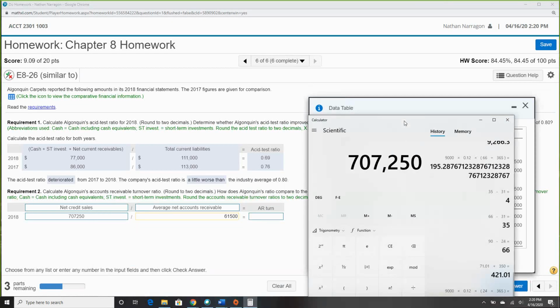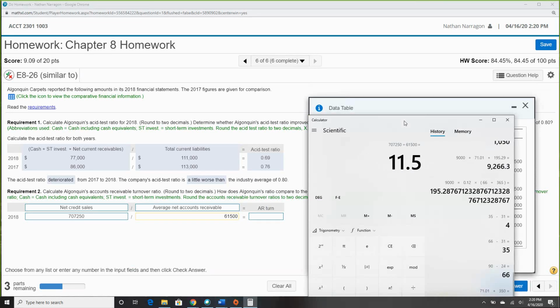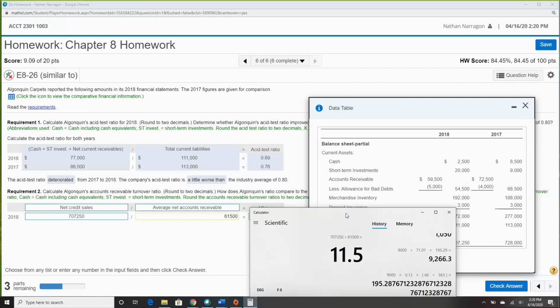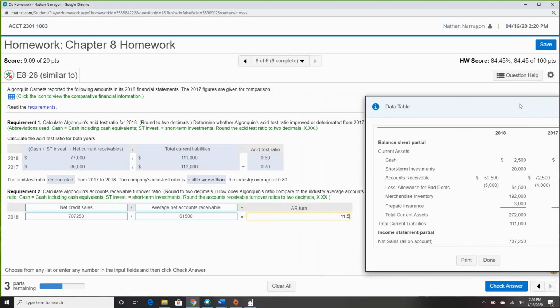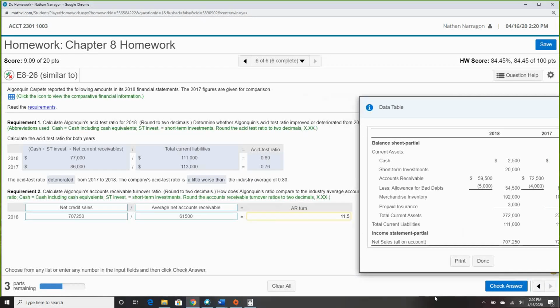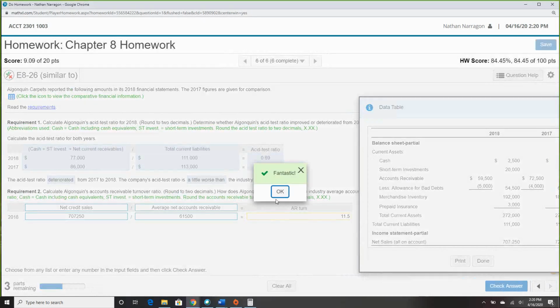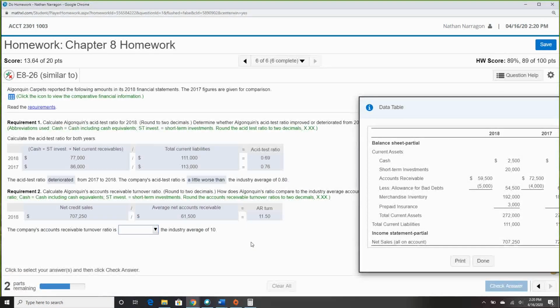So 707,250 divided by 61,500. Oh, not bad. 11.5. I didn't even have to do 2 decimal places. That's our ratio right there. So again, net credit sales divided by your average.